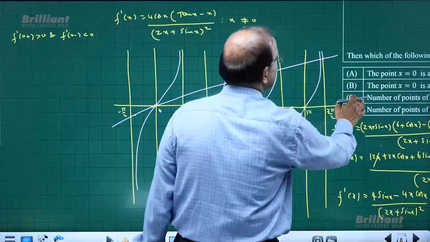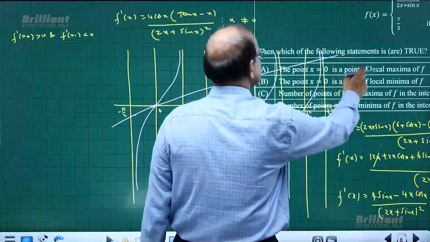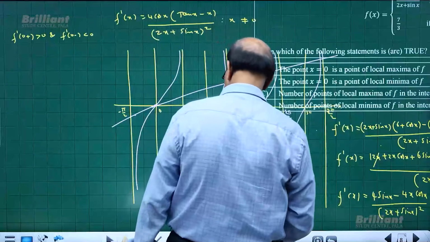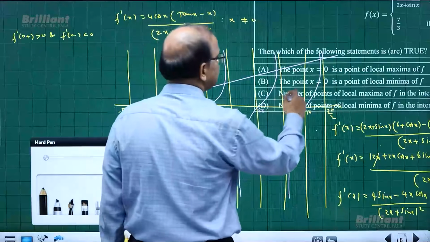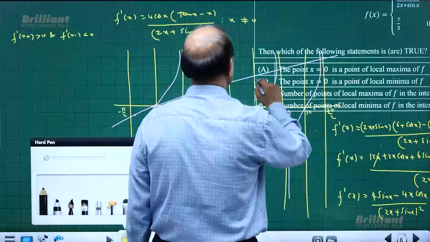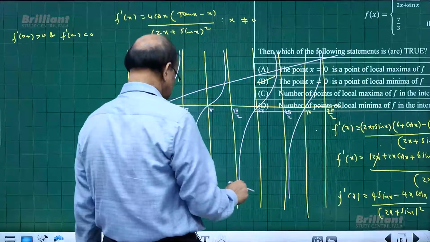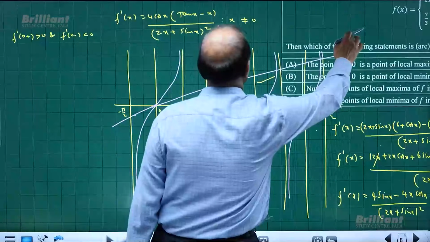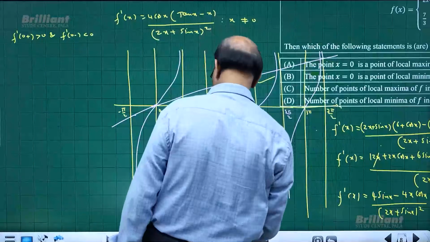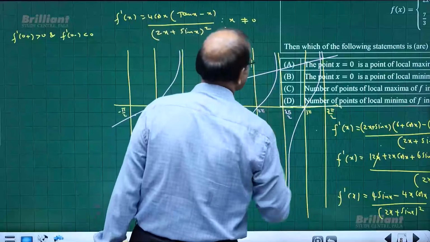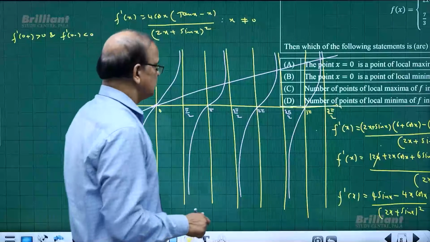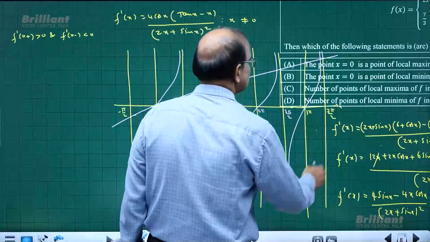But it is given local maxima, so it is not correct. But B is correct, local minima, right? So B correct.